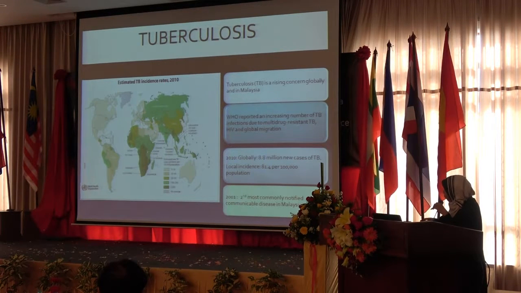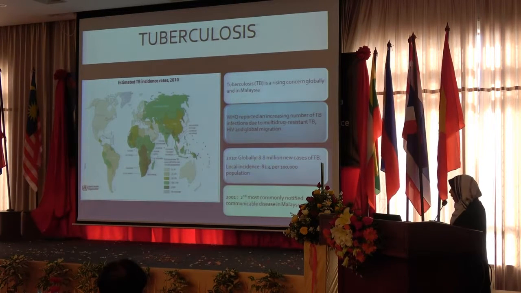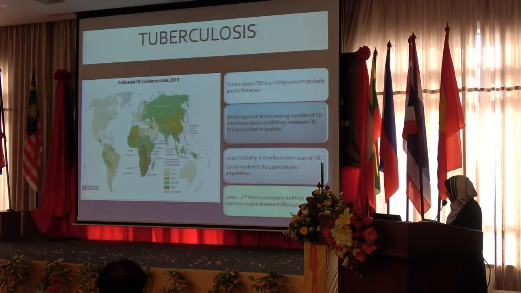If we look at the WHO report on the estimated incidence of TB in 2010, the darker the green color goes, the more the incidence of TB in that particular country. And we can see that our countries here are not left out, and many of our countries are in the darker versions of the green. So this is a problem that we will all be facing actually.